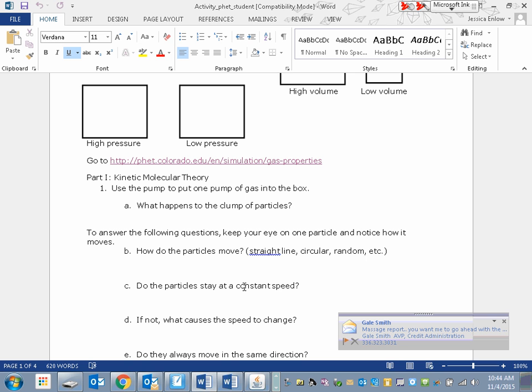High volume, they move slower. High volume, yeah, they're not close. I'm not sure what the speed would be, but they're not close. So it's just normal size. If it's high volume, do they move around some? No, the volume is what makes them move slower. It's just like pressure.